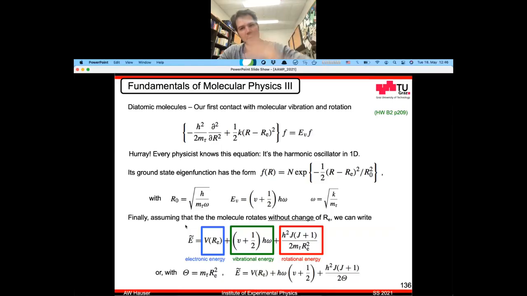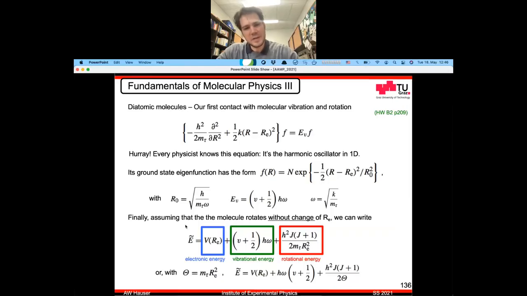Each of these curves corresponds to a different electronic structure. So the ground state is the lowest, and then we have this electronically excited state. So this is the first contribution.